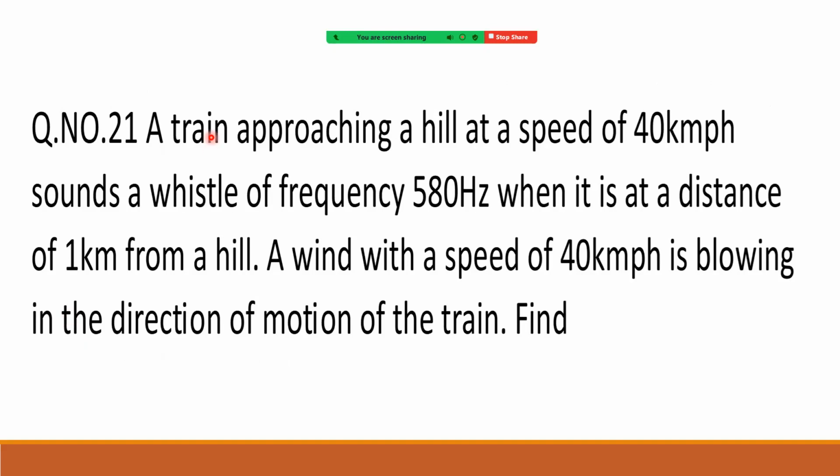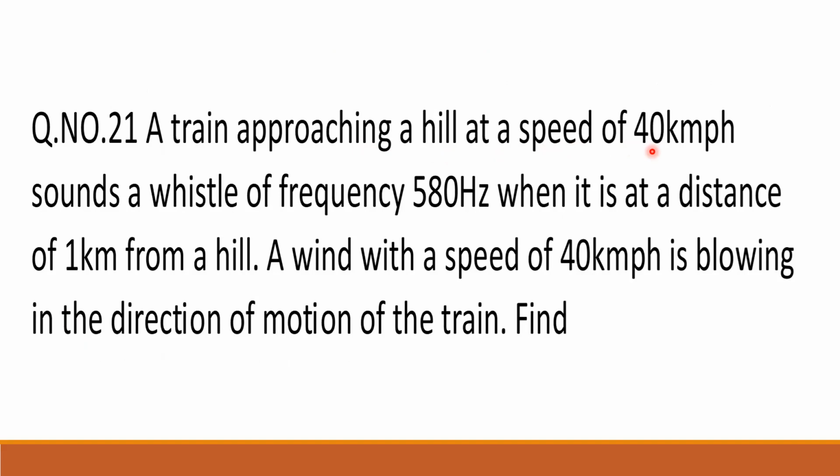A train approaching a hill at a speed of 40 kmph sounds a whistle of frequency 580 Hz when it is at a distance of 1 kilometer from the hill.